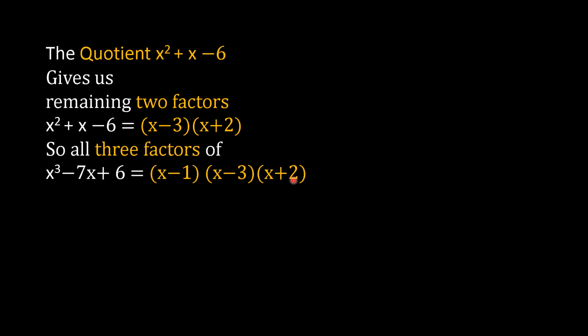So these three factors give us the three zeros of this polynomial, which are 1, minus 2 and 3 from these three factors.